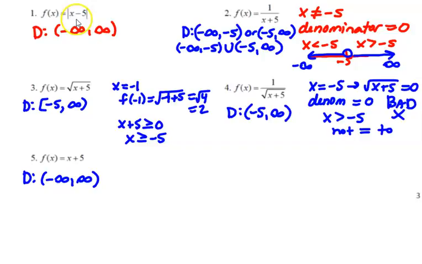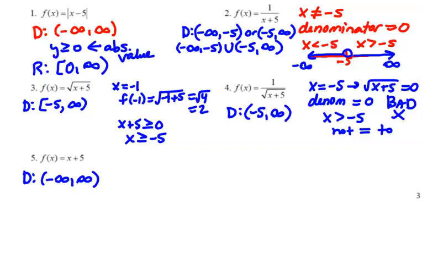So what's the smallest value I can get for y? Well, it's going to be 0. I can't get any negative numbers. I can only get non-negative numbers. So y has to be greater than or equal to 0, which means my range is 0 to infinity. Because this is absolute value, that's how we know. So this is a case where the function rule does restrict what y can be.